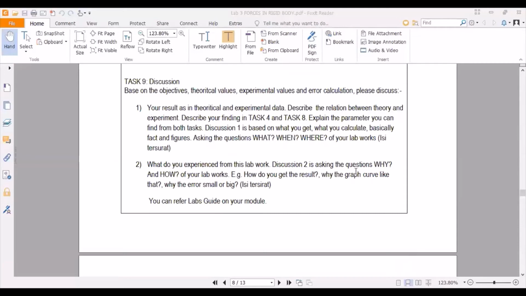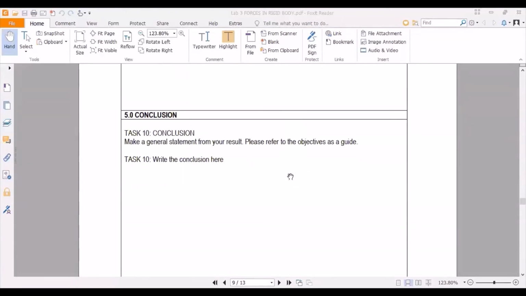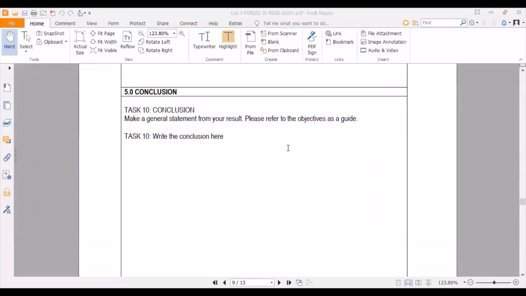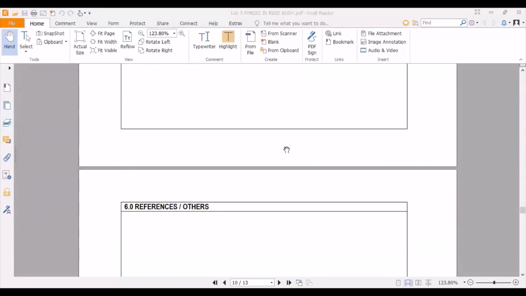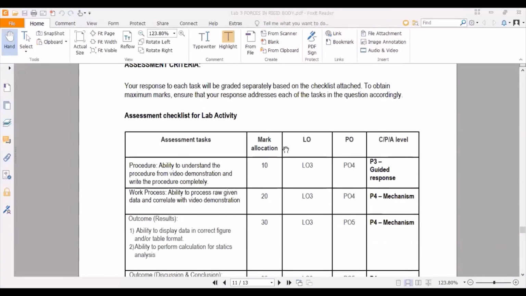Discussion 2 is asking the question why. Fulfill all the questions, and then also the conclusion. All assessment will be put at the end of the lab sheet, so please learn about this assessment criteria.